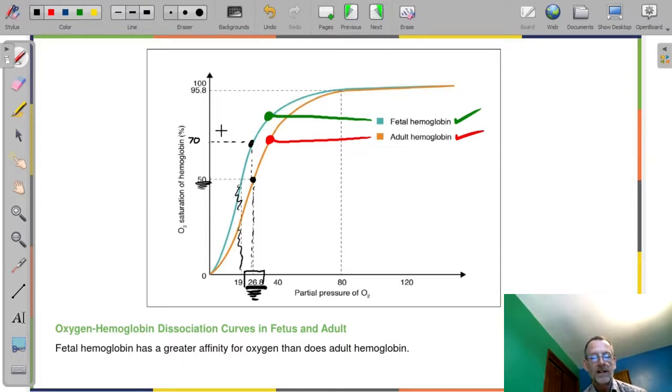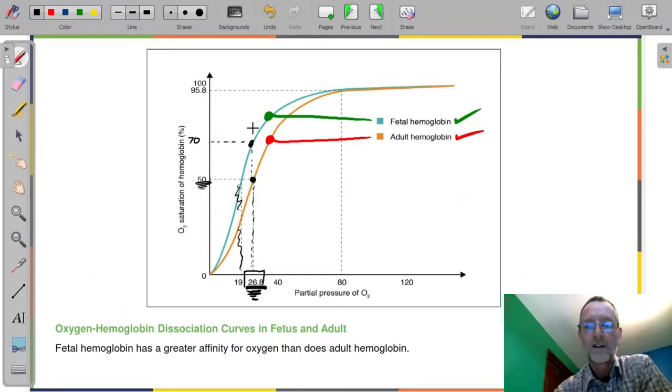So the fetal hemoglobin has a higher affinity. It'll grab, it'll bind onto the oxygen tighter than adult hemoglobin, which makes sense because the fetal hemoglobin has to go by maternal hemoglobin and the oxygen needs to be transferred.